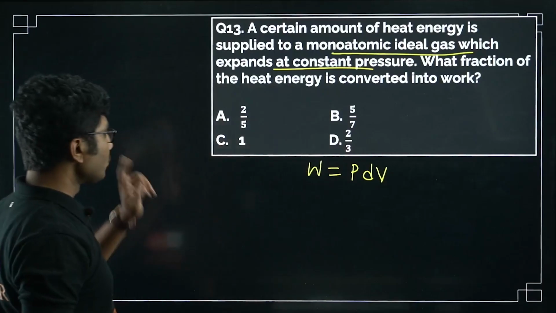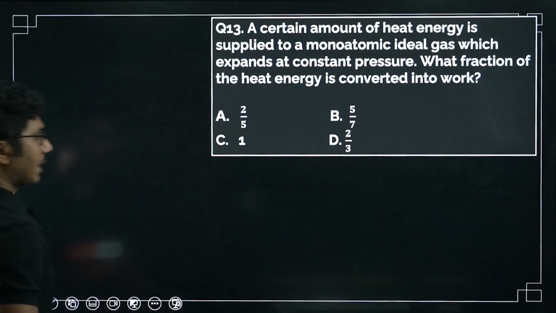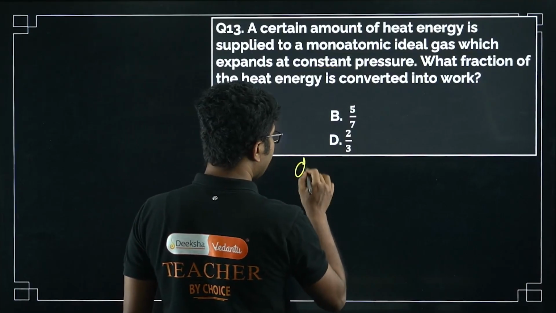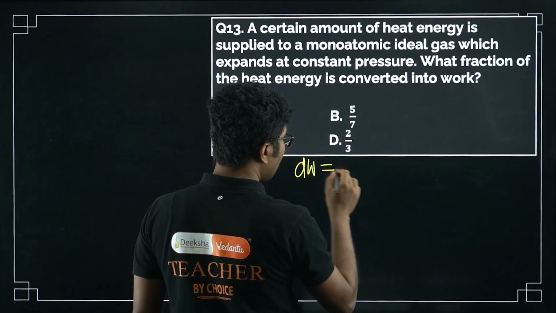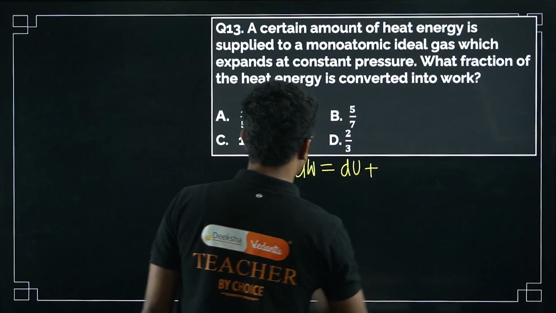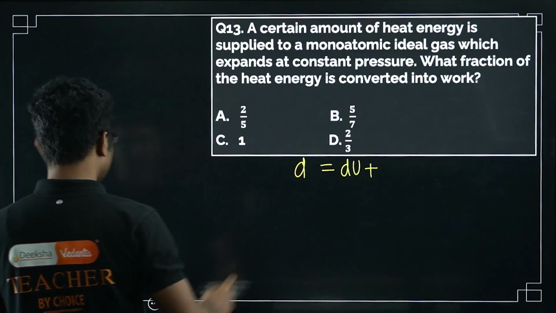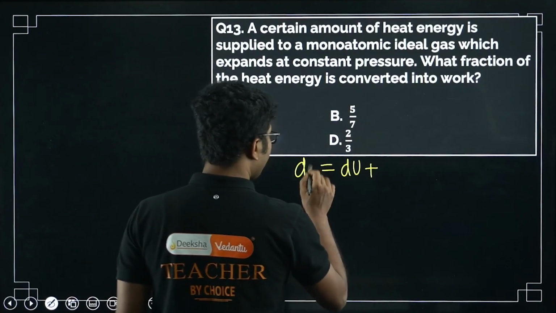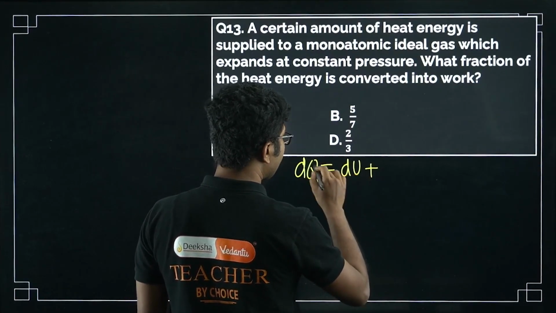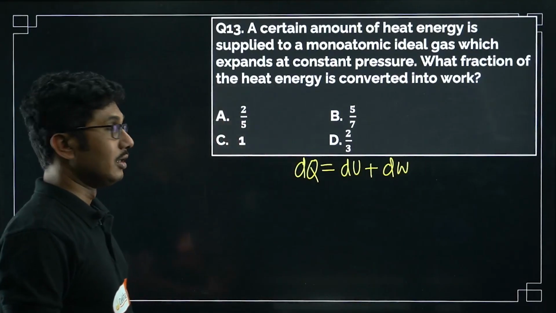To solve this question we have to use the first law of thermodynamics, that is, the heat supplied dQ is equal to dW plus dU, right? So this is the amount of heat supplied. Some part is utilized in internal energy and some part is work done.